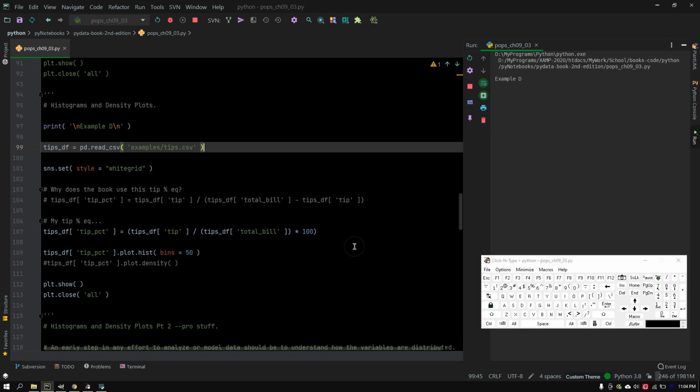We use my percentage calculation rather than the book one. And we plot a histogram from our data frame. That's the syntax in Seaborn for a histogram with 50 bins.